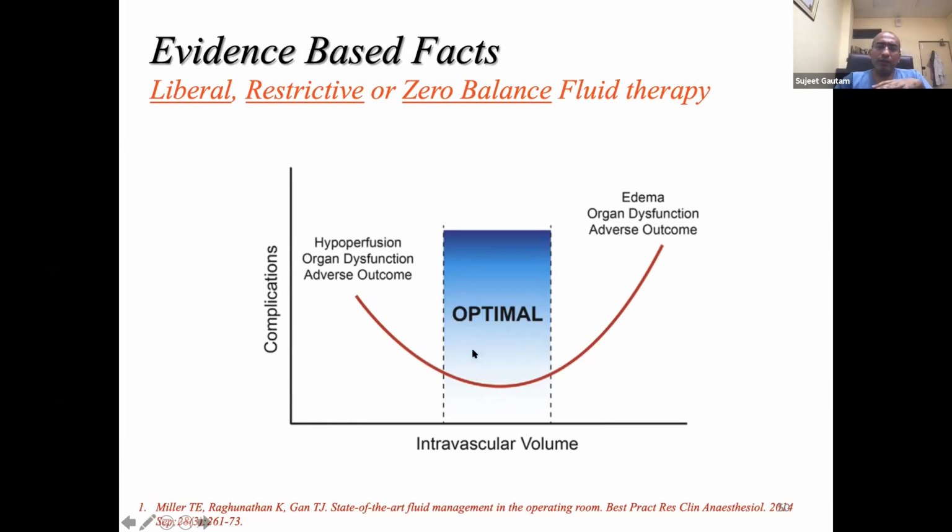Because if one is in the hypovolemic part, then organ dysfunction occurs because of poor perfusion of the organ. And if one is in this zone, then definitely there is prolonged bowel recovery owing to bowel edema, and patient overweight is there. So these kinds of things will be associated.